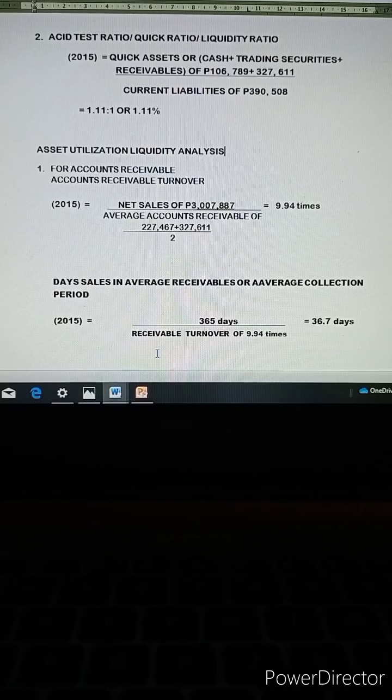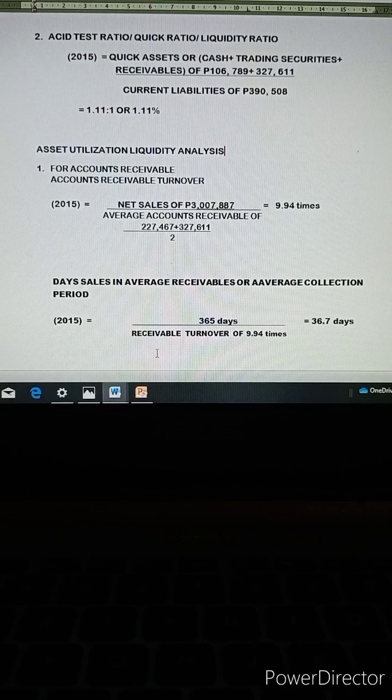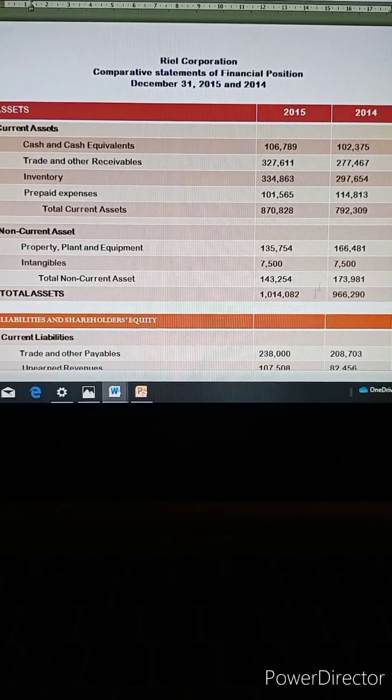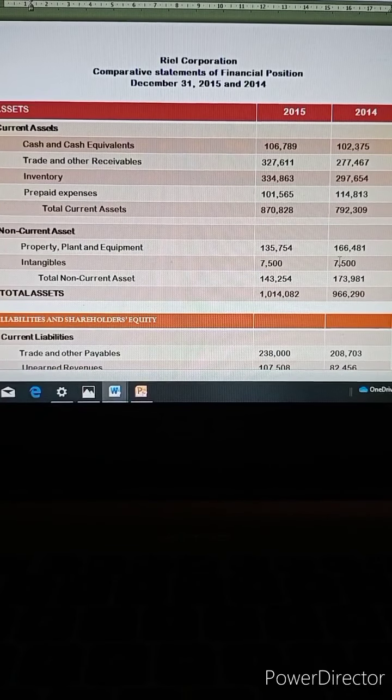So illustrating here the 2015 figures. The formula here is quick assets, that consists of cash plus trading securities plus receivables over current liabilities. So if you are wondering where we got these figures, please refer again to what I have given before this one, the illustration.